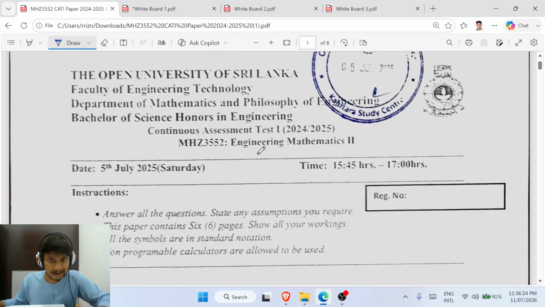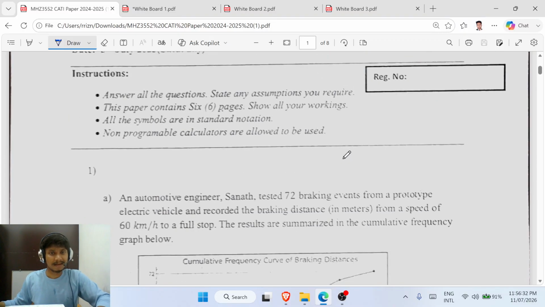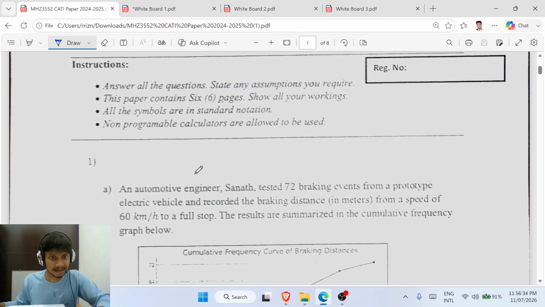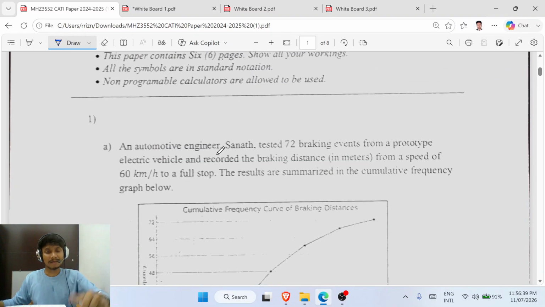This is last year's CAT 1 exam of the Engineering Mathematics 2 course for the 24-25 batch. He recommended that we refer to this past paper.